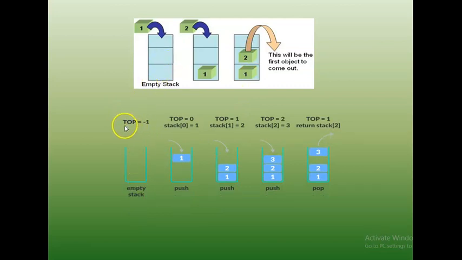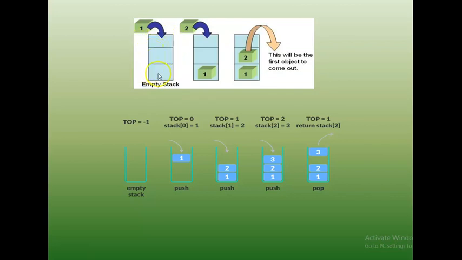So we will be denoting the location of our operation or implementation index as top, TOP. It will be -1 at the beginning, because when we treat this stack as an array, the indexes are 0, 1 and 2.